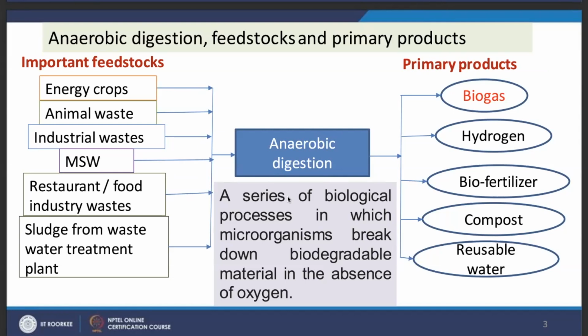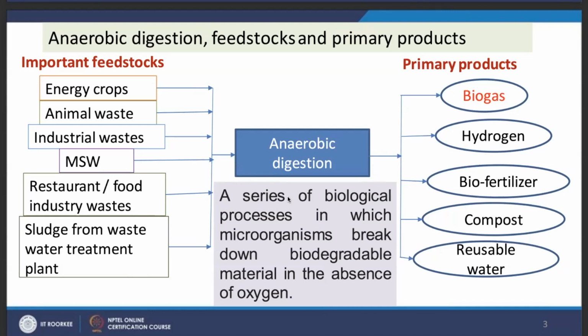So basically, what is the input for anaerobic digestion? We can have energy crops, animal waste, industrial waste, municipal solid waste, restaurant food or other types of food waste, sludge from wastewater treatment plants, right? So these all are the inputs for anaerobic digestion. And from anaerobic digestion, we will get products such as biogas, which is the most important product.